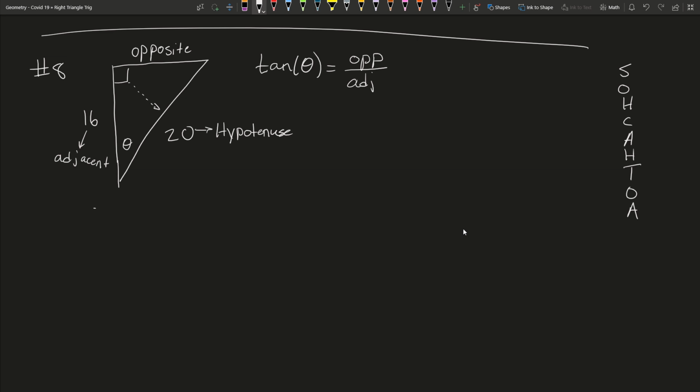Okay, so if we have our original equation, and then just plug in what we know, we can solve for the unknown.